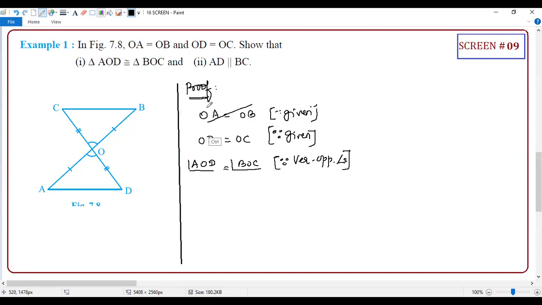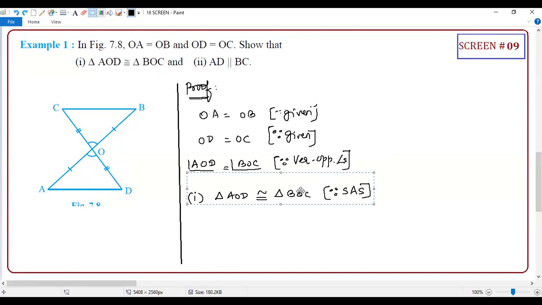So OA equal to OB given, OD equal to OC given. So this equal to this, and this equal to this. This is given, and these two angles are equal. So it's very clear according to which criteria they are congruent: side angle side.